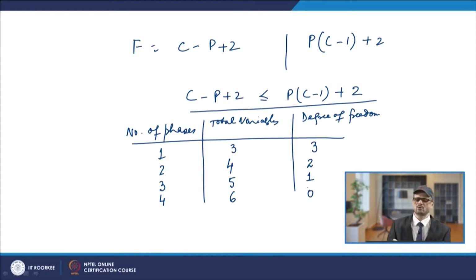That is how you can see how many phases can exist, and at some point the degree of freedom becomes 0. We will see how you analyze the single component system or the multi-component system, and how you can discuss the different traits of these phase diagrams.